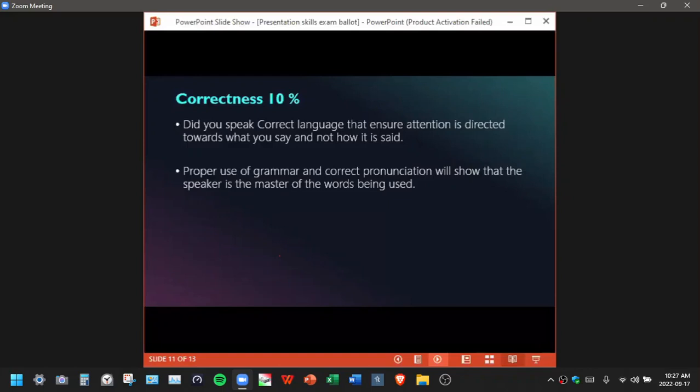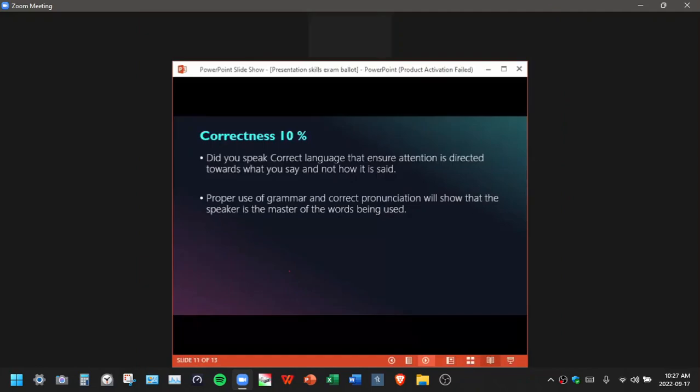So when you are getting ready, first you need to write. First you write your speech and check the grammar and the words you use, because writing your presentation is important rather than just going and speaking something else.